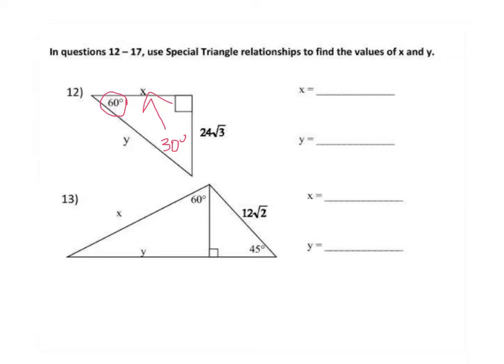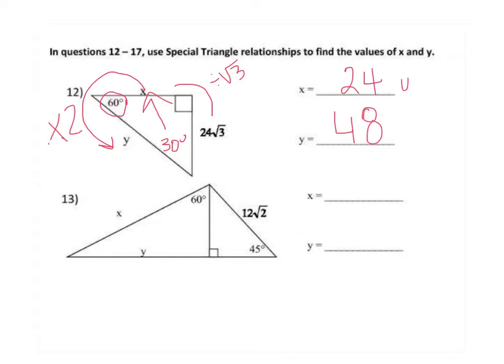So to work backwards, I'm going to have to actually divide by root 3. So if I divide 24 root 3 by root 3, the root 3's will cancel out, and x will just be 24. And if x is 24, to get the hypotenuse, I'm going to multiply by 2. And 24 times 2 is 48. And that would just be in units.